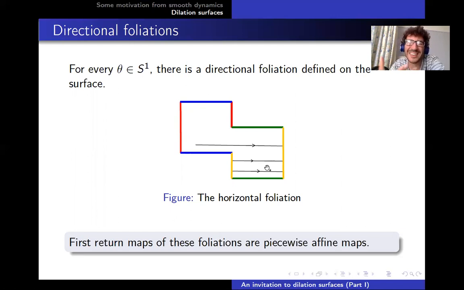And there is some extra structure: if you take little transverse segments to this foliation, and you look at the first return maps, you define a map by saying, I take this point and I map it to the first intersection point of the leaf going through that point in the future with this transverse segment. Then what you get is that those maps are piecewise affine. And that's what makes the connection with the one-dimensional dynamical systems that we discussed in the first part.